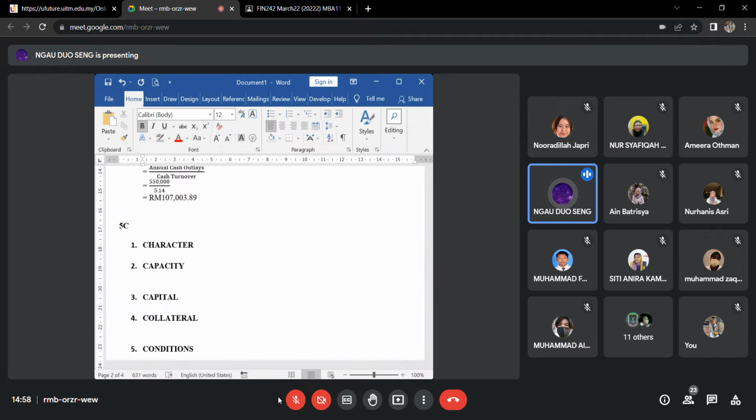Okay, so characters, this is what characters is. We check on the company's character. So what is the company's character like? If we are referring to characters, you can use ratios to help in your explanation. But if you ask me which ratios you should use to explain characters, actually characters have no ratio.